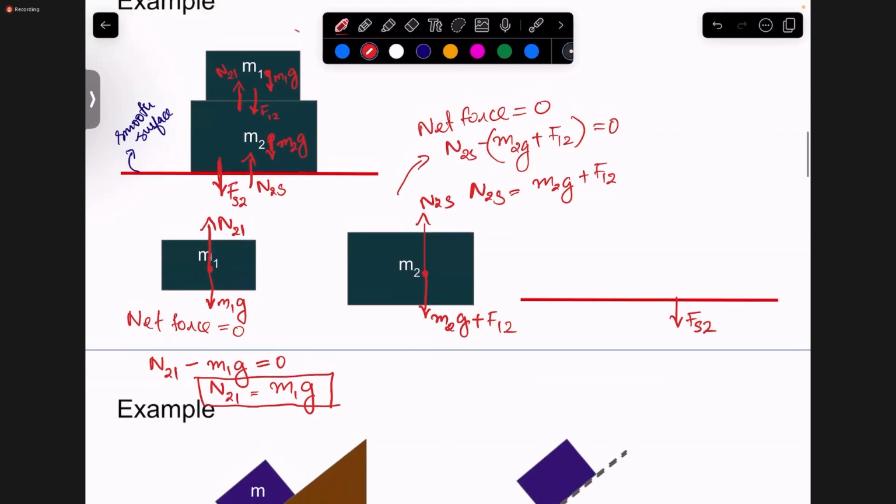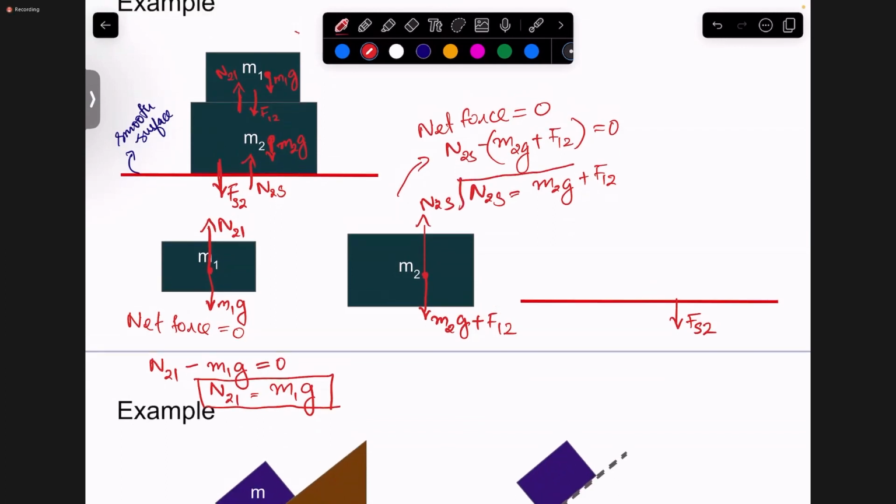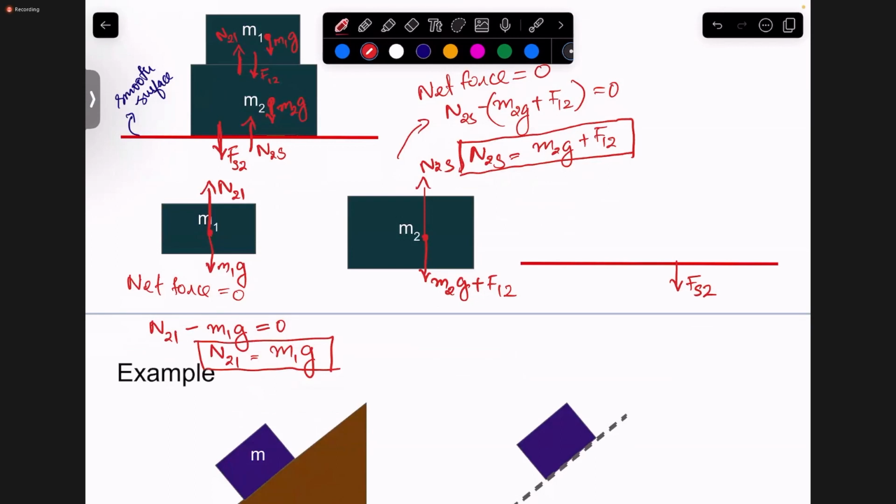Another thing is, now you have to consider Newton's third law. That is, action-reaction pairs are equal in magnitude and opposite in direction. You can see that N2S and FS2 are an action-reaction pair, and N21 and F12 are an action-reaction pair, because of the contact happening between these two blocks and between the block and the surface.